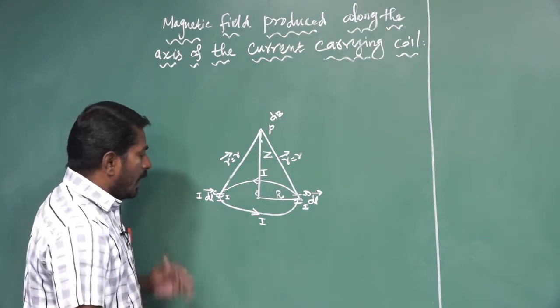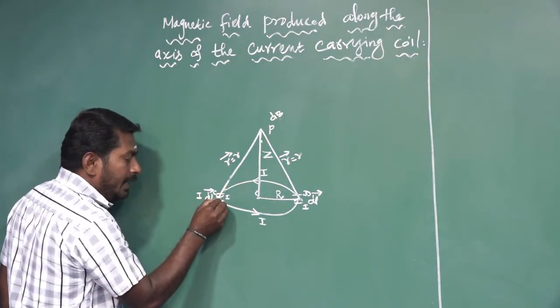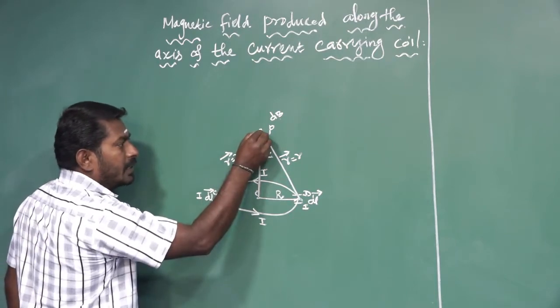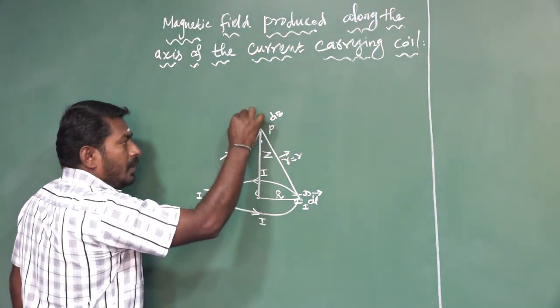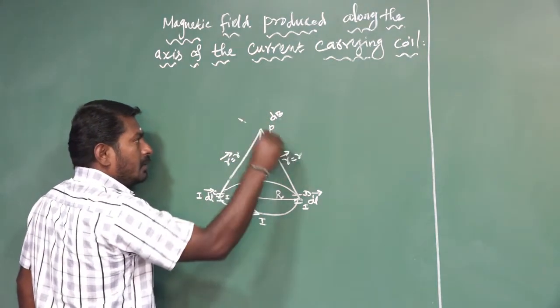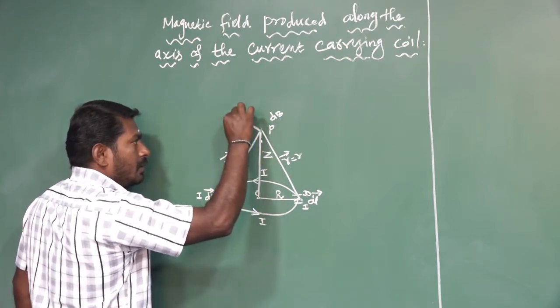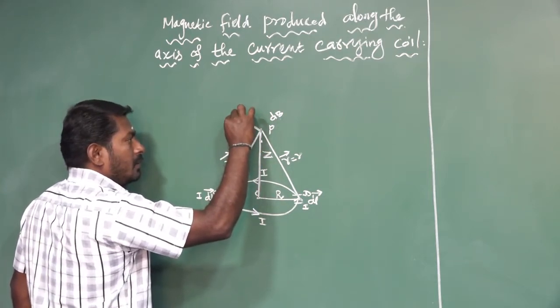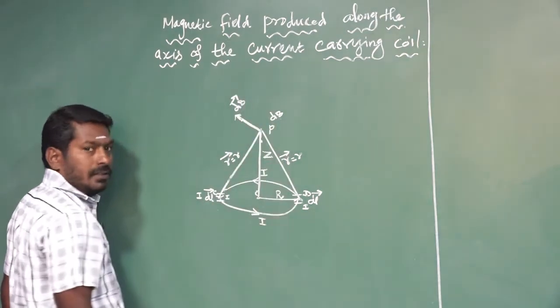We want to calculate the magnetic induction at point P produced by the small current element I dl.